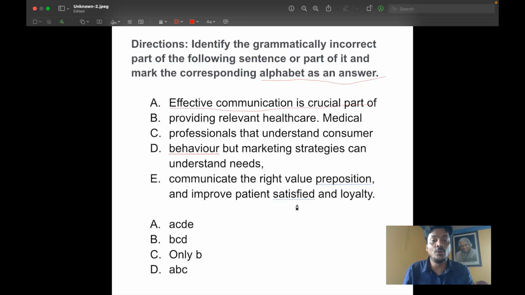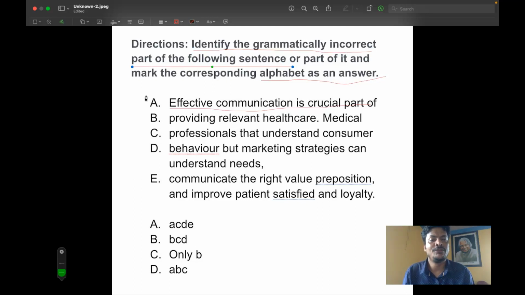So before you go to the answer, my suggestion would be to read the direction, and on the basis of the direction, understand what has been asked and what you're supposed to draw. The direction says to identify the grammatically incorrect part of the following sentence.